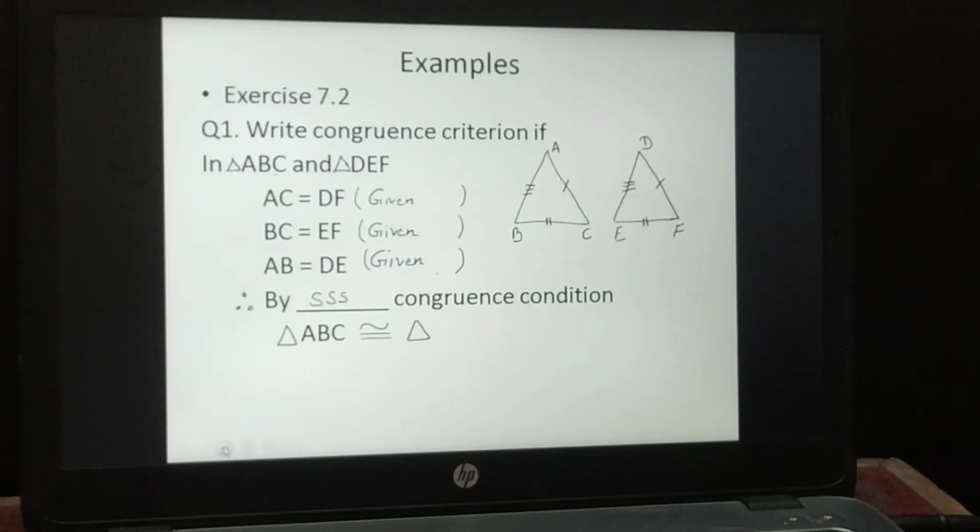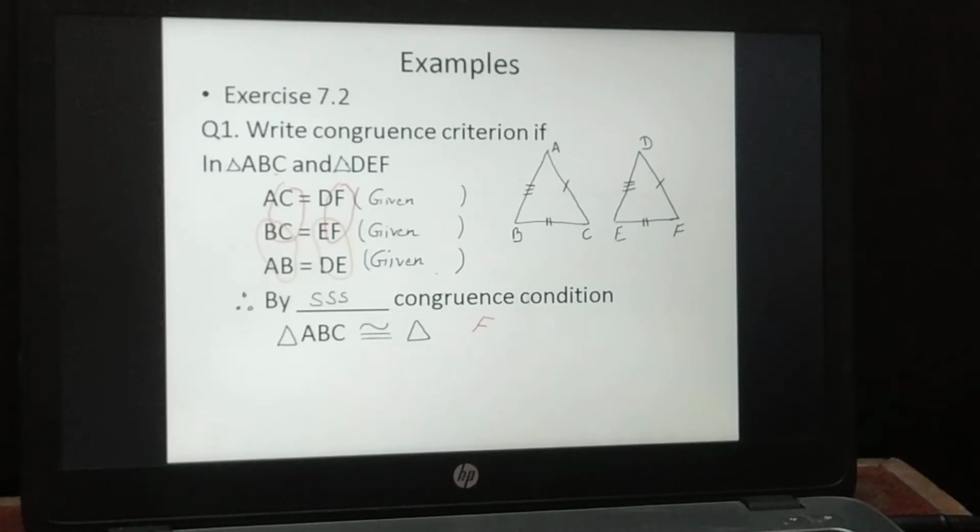For this, you can observe in the first two, point C is common in both the first and second, and here point F is common. It means wherever C is there, on the right hand side we will write F. In place of C, what will come? F. Now you can see in the next two, which point is common? Here point B is common, and in the next two, which points are common? Here E is common.